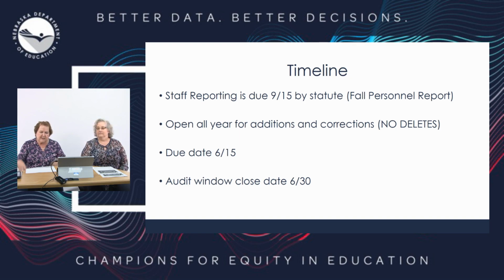That's kind of called the fall personnel report, but the data collection is open all year long for you to make additions and corrections. No deletes, but you can end assignments and add new assignments as needed. The date for the final staff data is June 15th with an audit window close date of June 30th.